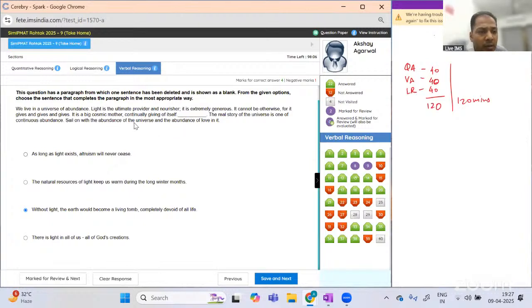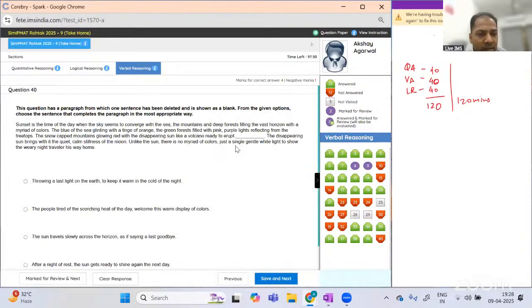Altruism is something which is there, but giving, altruism, abundance and altruism. Yeah, altruism could be it, because it's all about giving and all these things.